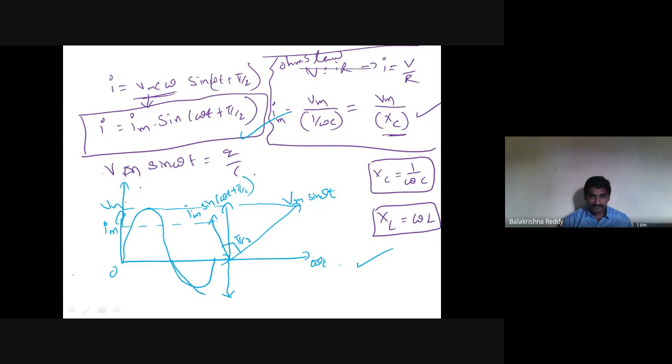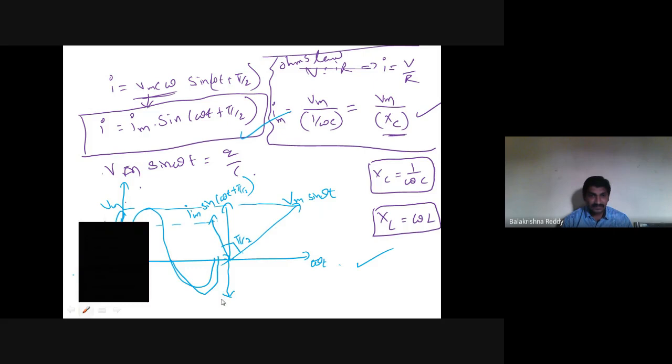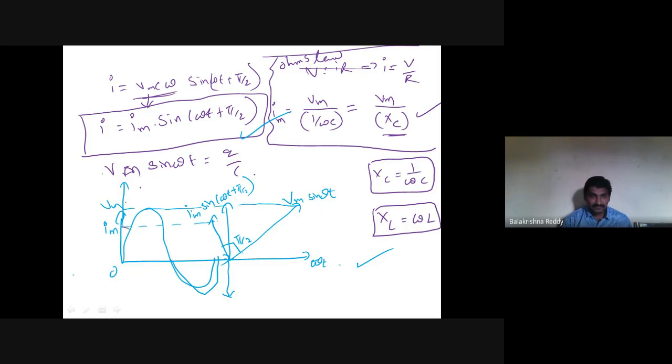The voltage starts at zero, and the current starts here, like this. So this is the current and voltage vectors.